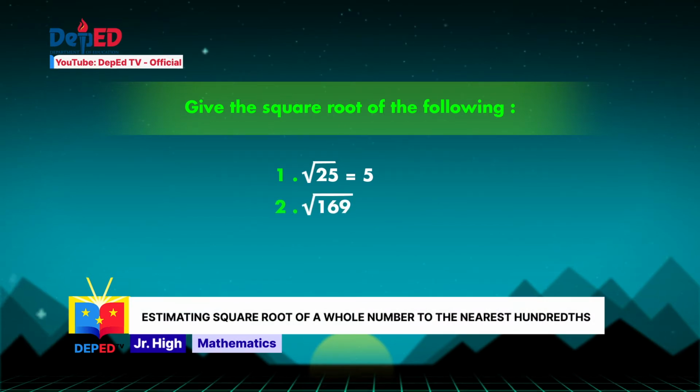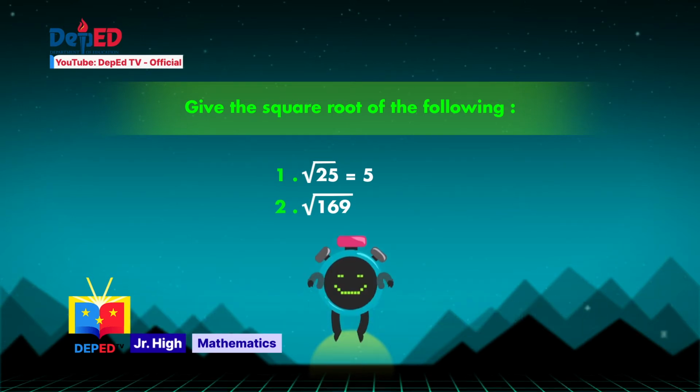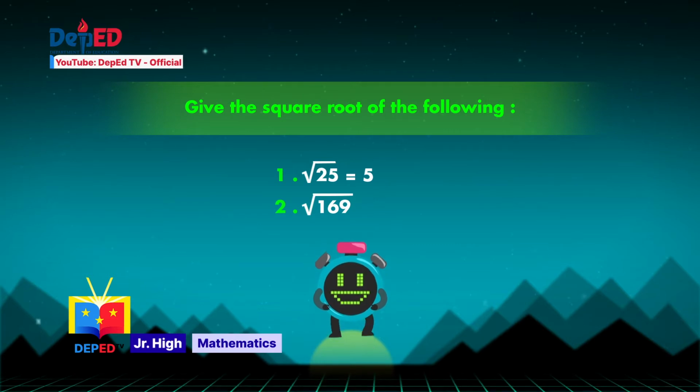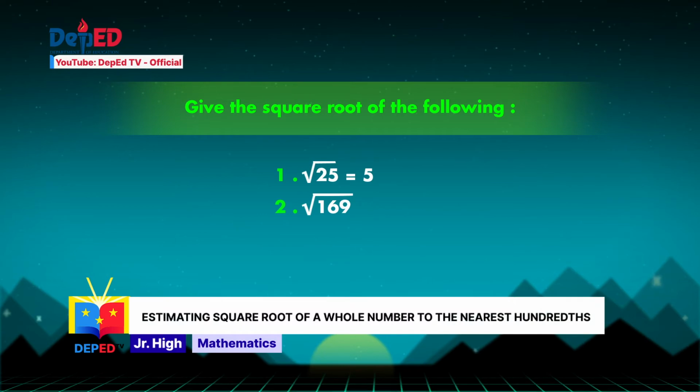Number 2. Square root of 169. Timer! The correct answer is 13.